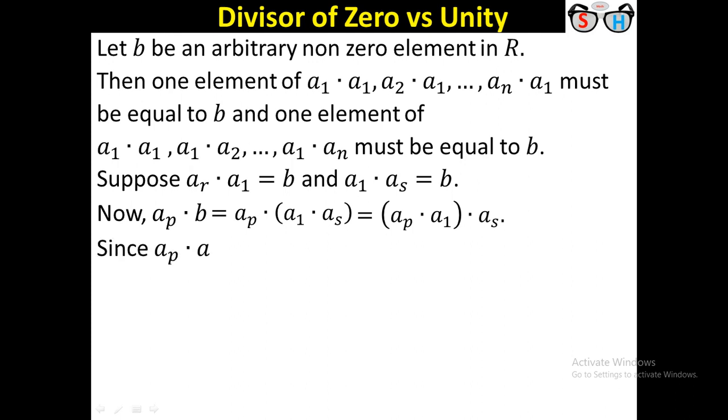So FE·B means FE·A1·AS, which is A1·AS, and A1·AS means B. So we get FE·B equal to B.